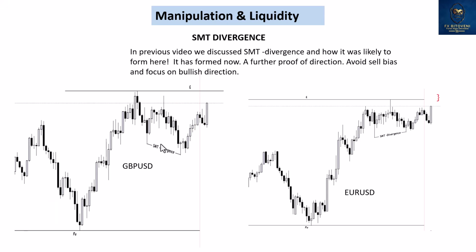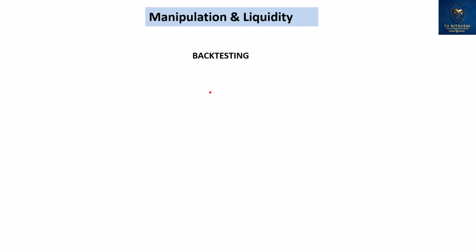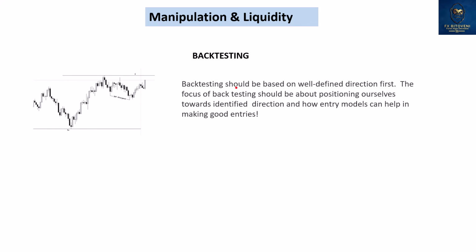So the job now, because you know direction, remember this is, I guess, a monthly or weekly time frame, what you're going to focus on is finding trade on lower time frame here, using entry models. So backtesting should be based on a well-defined direction first.